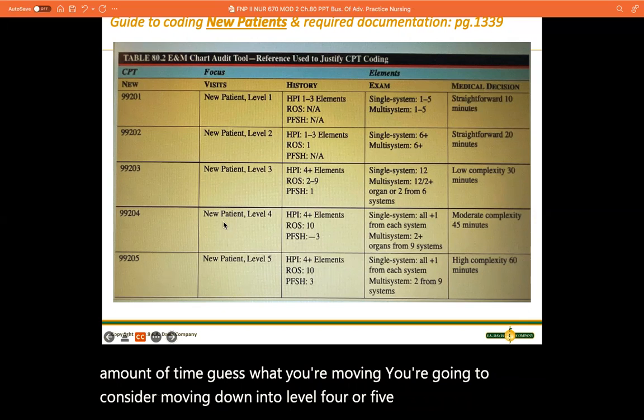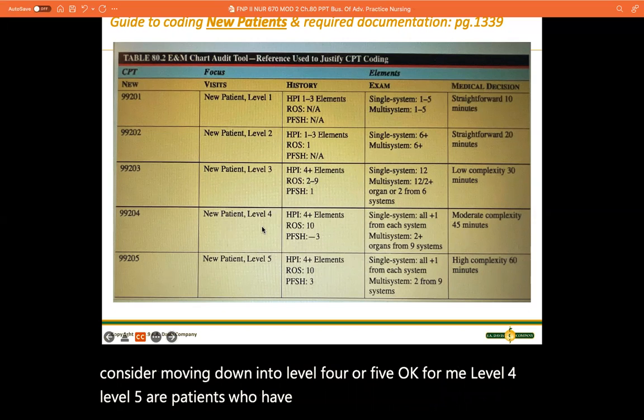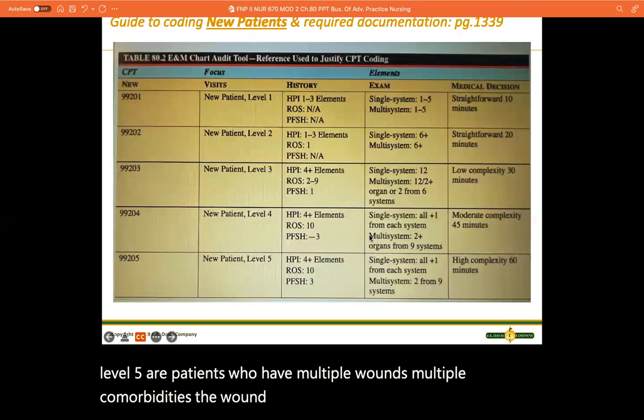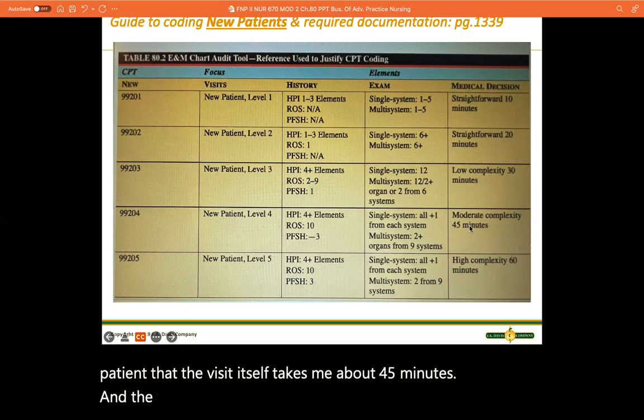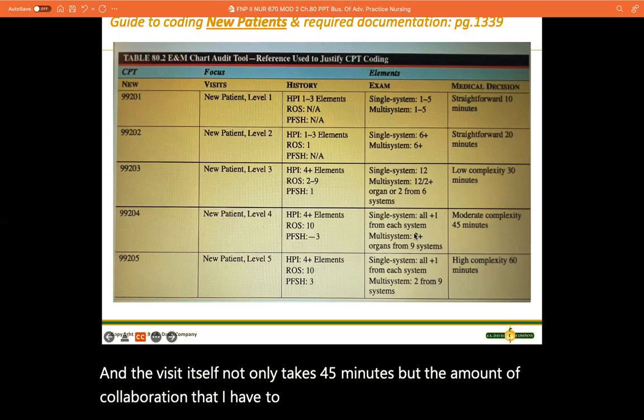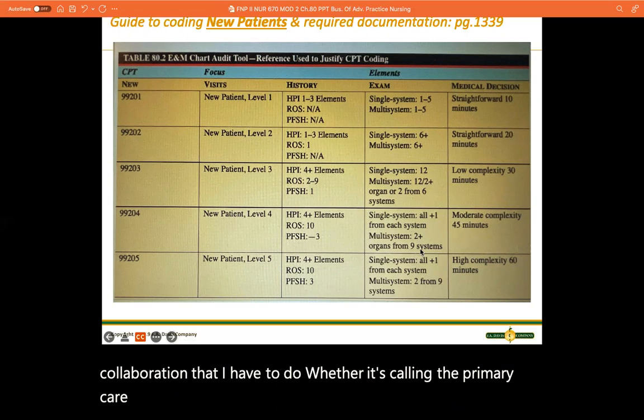Okay. For me, level 4 and level 5 are patients who have multiple wounds and multiple comorbidities, where the visit itself takes me about 45 minutes. And not only does the visit take 45 minutes, but there's also the amount of collaboration I have to do, whether it's calling the primary care physician or putting in new recommendations and making sure somebody is actually going to put the orders in for me.